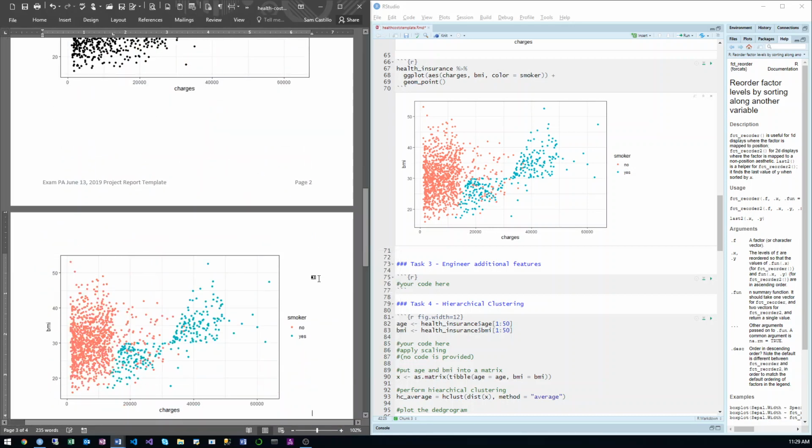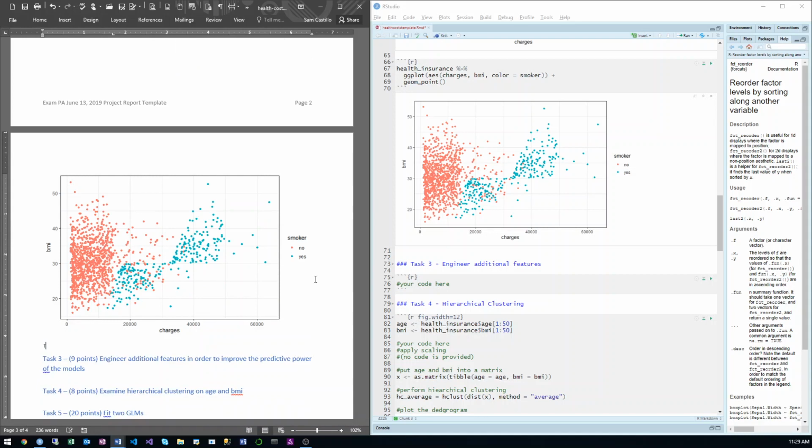So for smokers, BMI has a strong correlation with charges. For non-smokers, this correlation is much weaker.